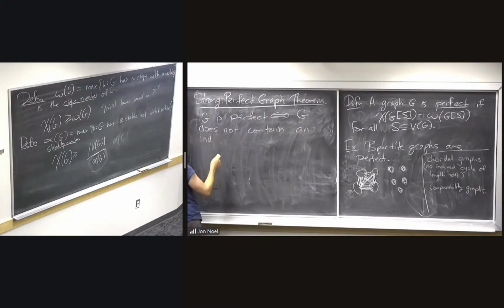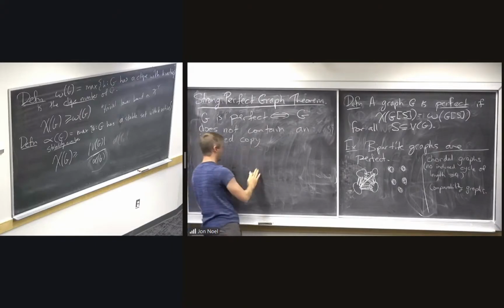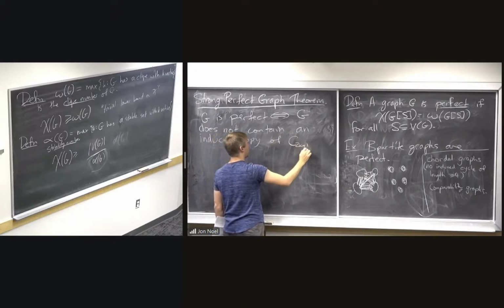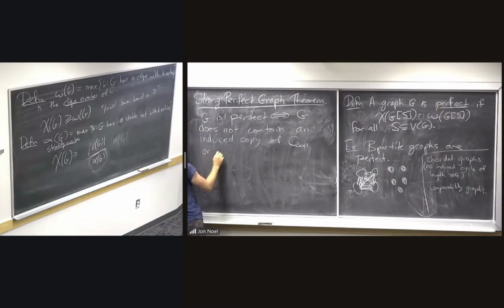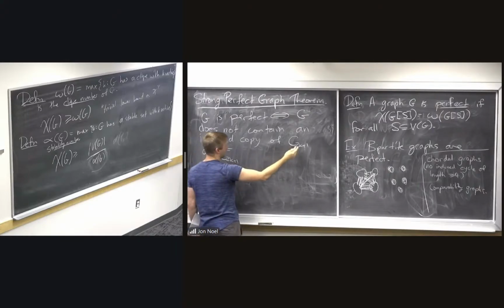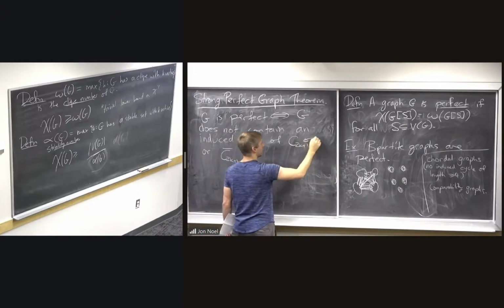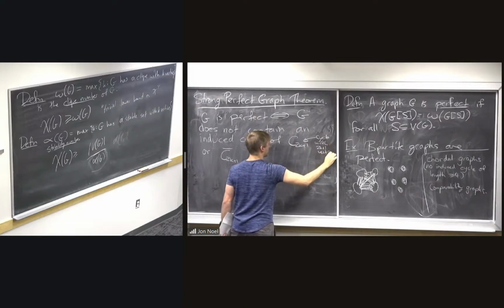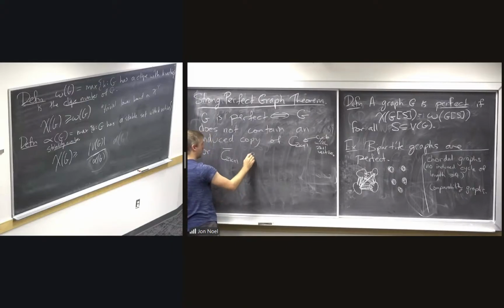When I say induced copy, I mean it doesn't contain a set of vertices that induces this thing, which I'm going to say, of C_{2k+1}, or the complement of C_{2k+1}. This is a cycle with 2k+1 vertices, for k at least 2.